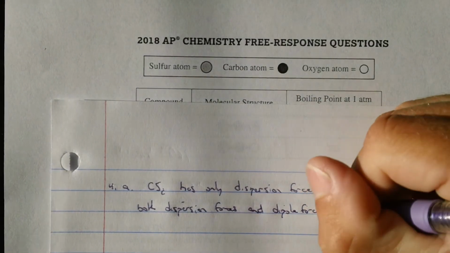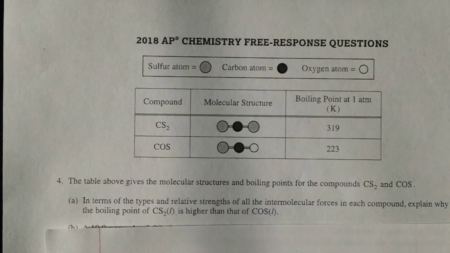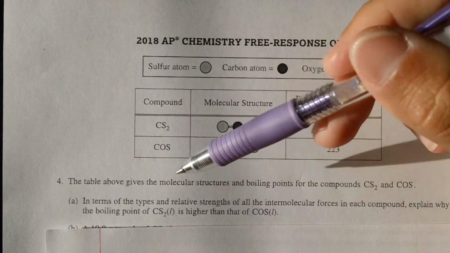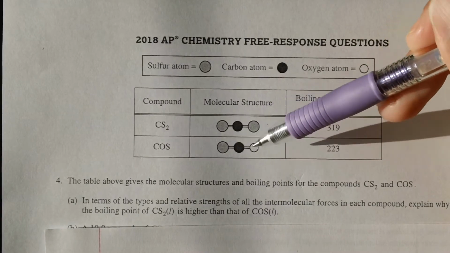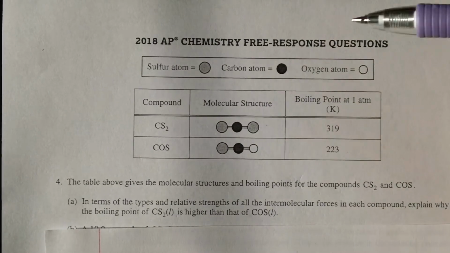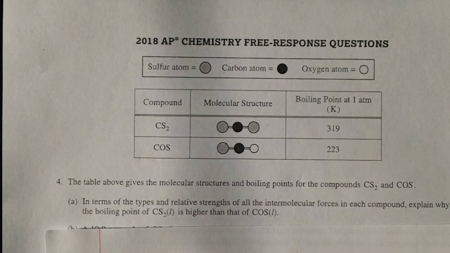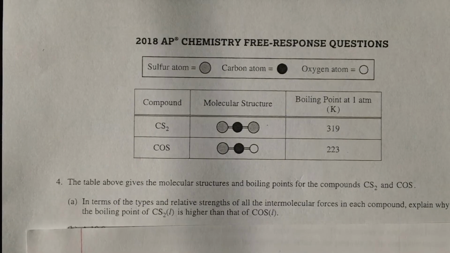So there's the first point, is to talk about those two intermolecular forces. So just dispersion here. Everything has dispersion force because there's electrons moving around everything. This guy also is unevenly distributed, the types of atoms around the center atom. So it's dipole also. The next says, explain why the boiling point of CS2 is higher than COS.